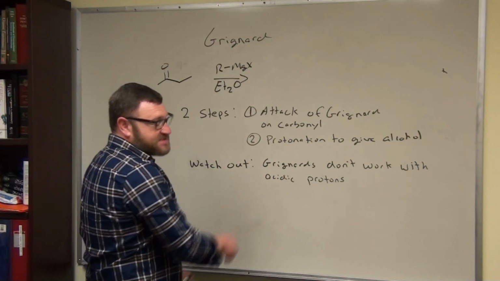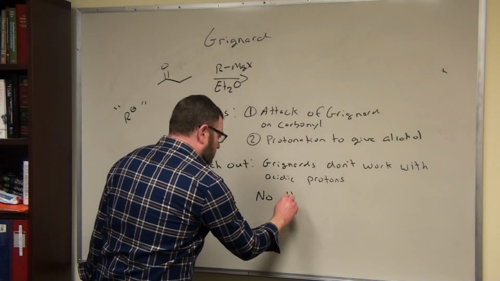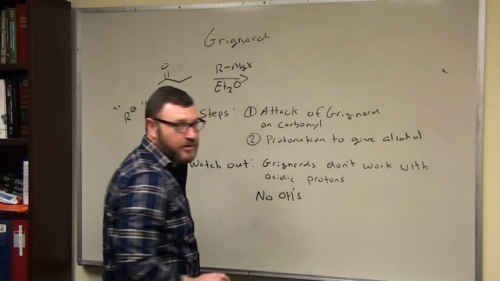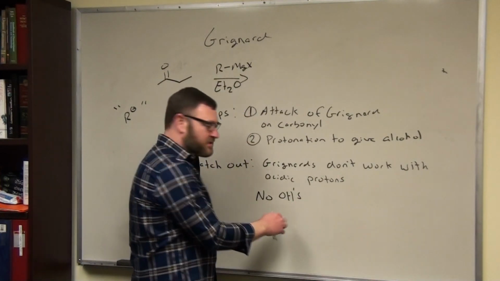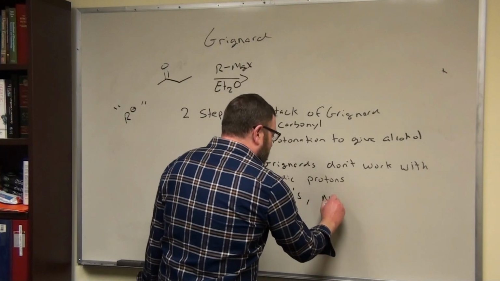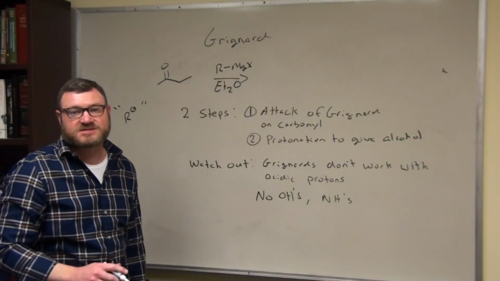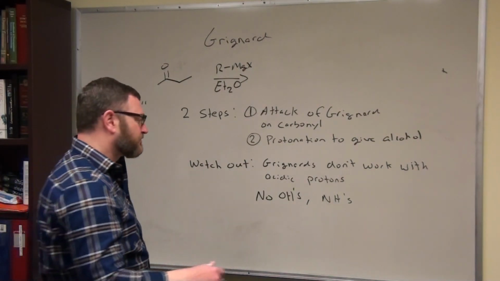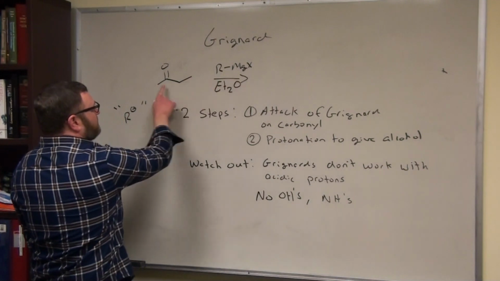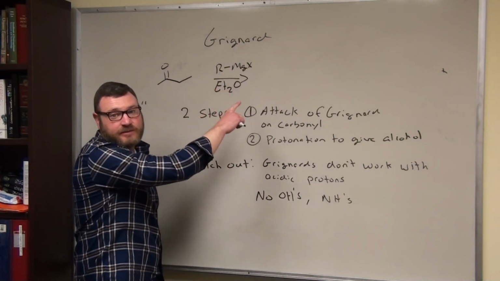So, things like no OHs, those aren't good, right? No carboxylic acids, no alcohols, right? No NHs, right? These aren't good. No SHs, things like this, right? Those all affected. Also, thinking about this, if you're trying to do a Grignard reagent with a carbonyl, you want to make sure that you're not doing something on here that has a carbonyl either.